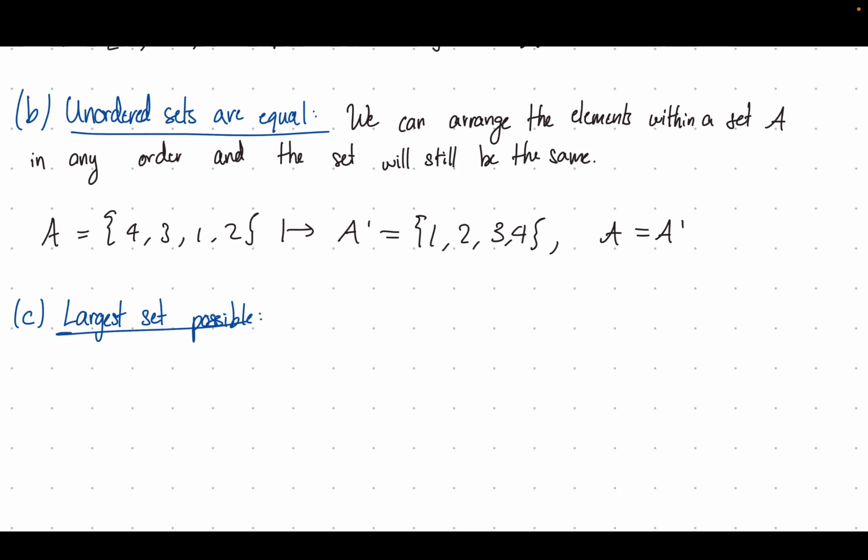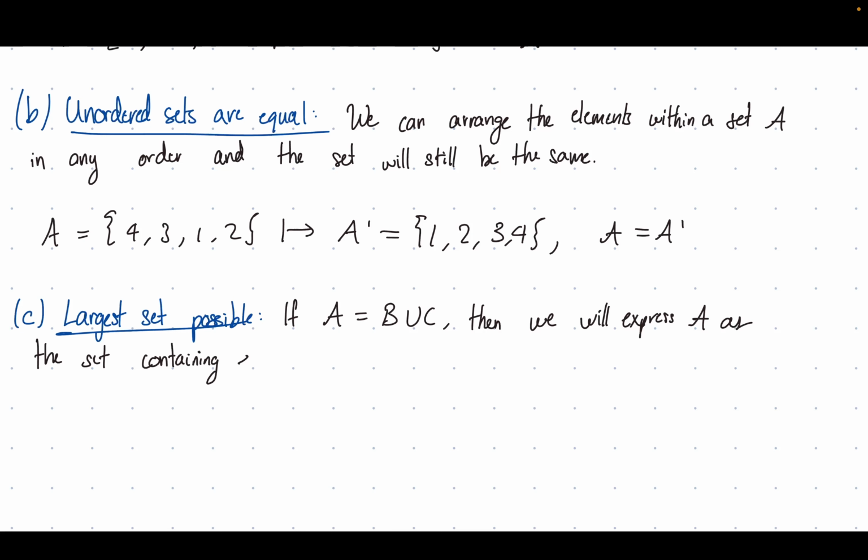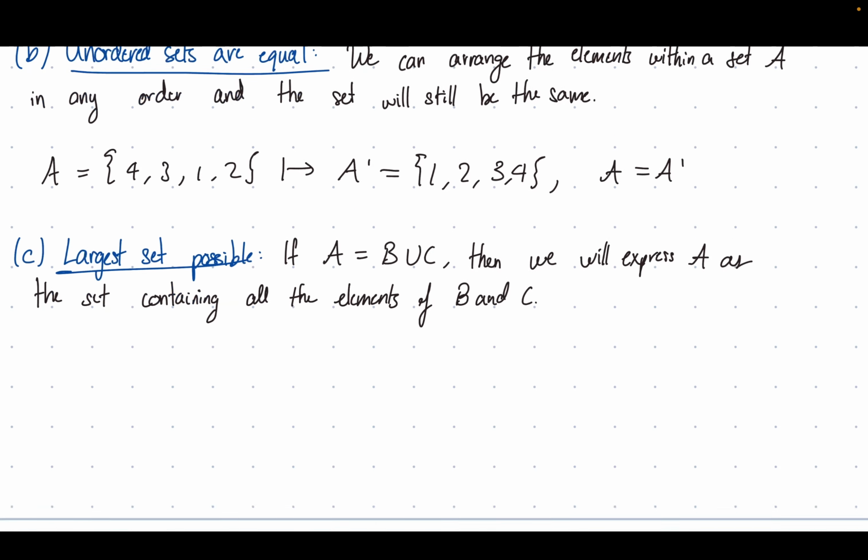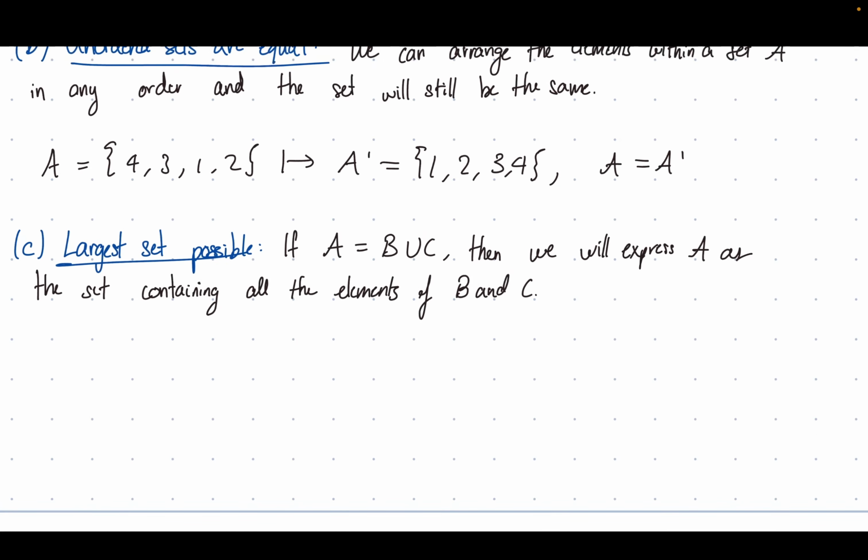This is pretty bad, but if A is equal to B union C, then we will express A as the set containing all the elements of B and C. So if A equals B union C, where B is equal to 1, 2, and 1.